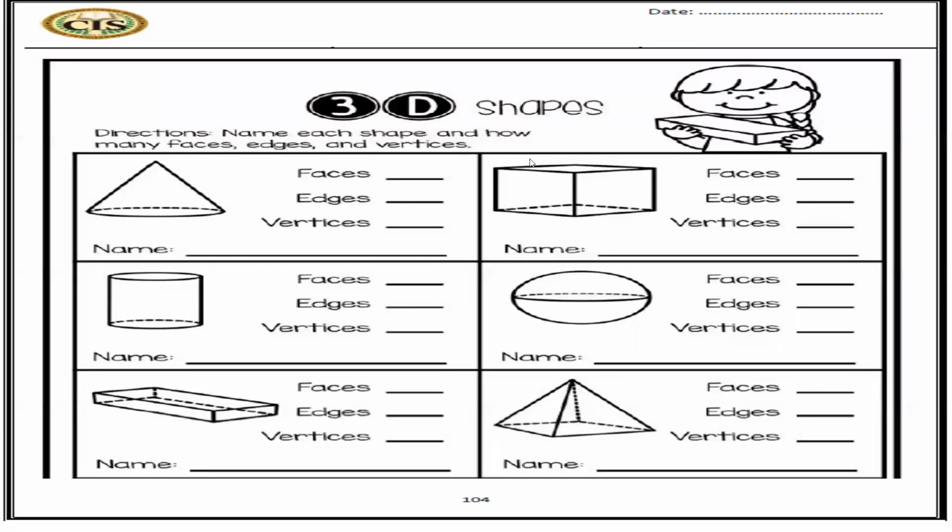Now here you want to know faces, edges, and vertices for each shape. First shape and the name of the shape also. First shape we called it cone. How many faces in the cone? 1 circular base.